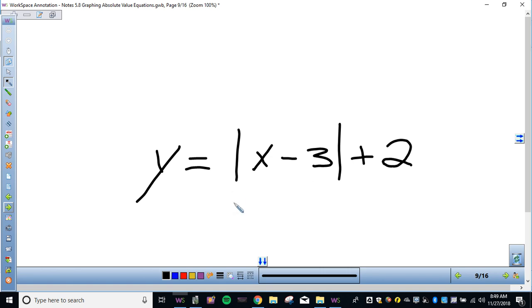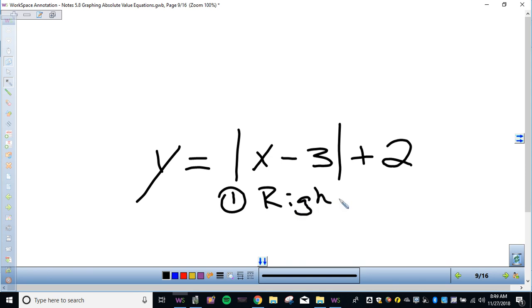Right 3. The -3 is right 3. Excellent. And the +2 at the end? Up 2. Okay, you can write it just like that, in order, left to right.